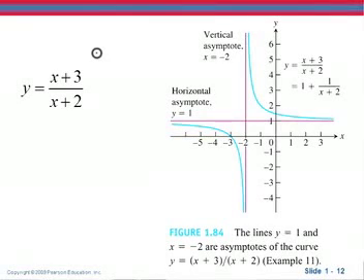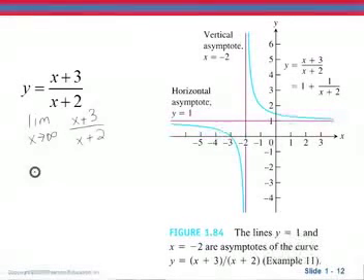Now let's consider this graph, the graph of y equals x plus 3 divided by x plus 2. You can see drawn here both the vertical and the horizontal asymptotes. y equals 1 is a horizontal asymptote because as we take the limit as x approaches infinity of x plus 3 divided by x plus 2, and we think about the largest variable term, the one with the largest exponent, which is x, then we can divide every term by x.